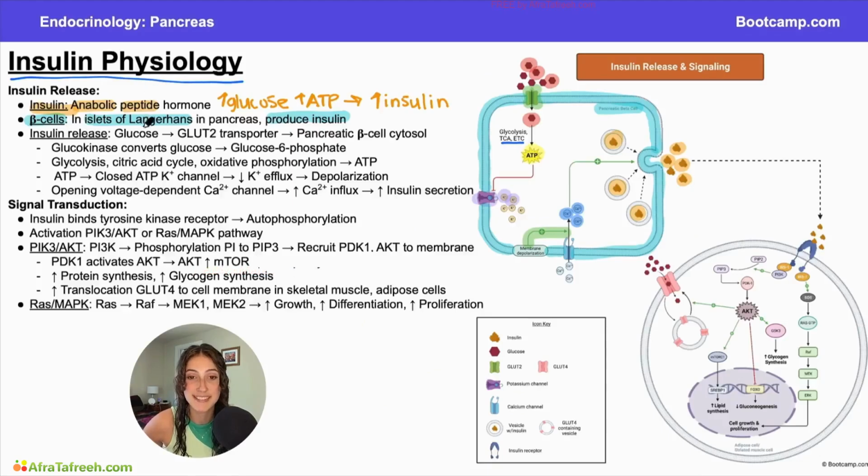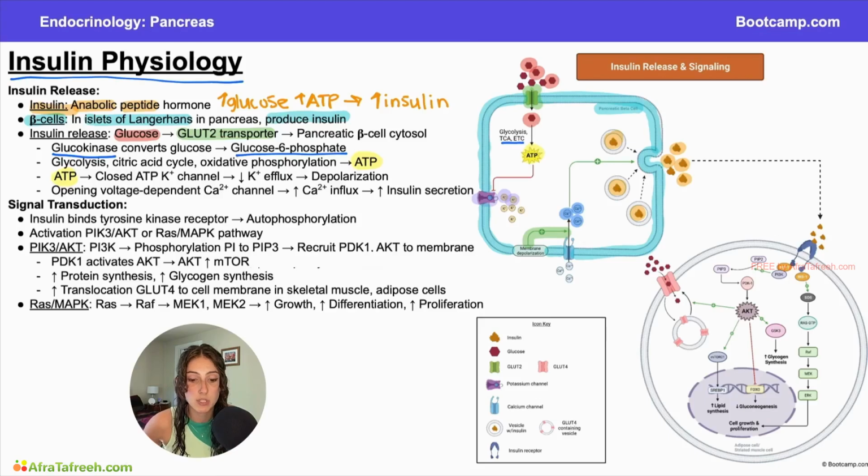So as we just discussed, the steps for insulin release from your beta cells are glucose entering into your beta cell through the GLUT2 transporter. Once the glucose is within the cytosol of the pancreatic beta cell, enzymes like glucokinase can convert glucose into glucose 6-phosphate. Glucose 6-phosphate can go through glycolysis, the citric acid cycle, and oxidative phosphorylation, all of which are going to lead to the production of more ATP.